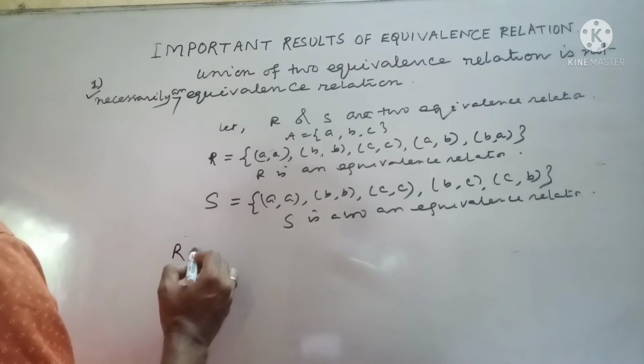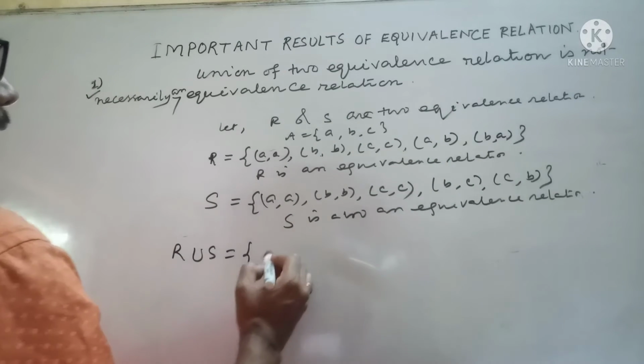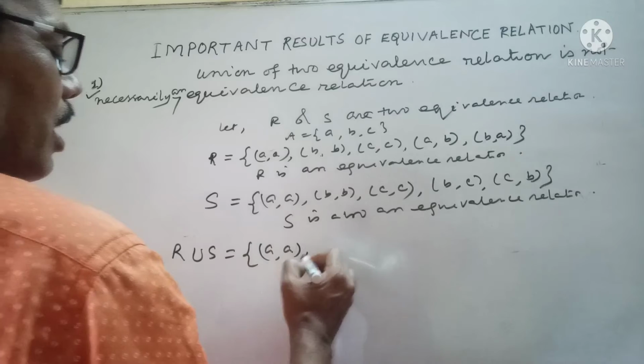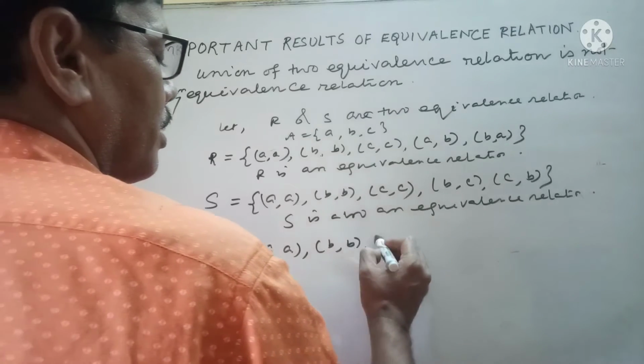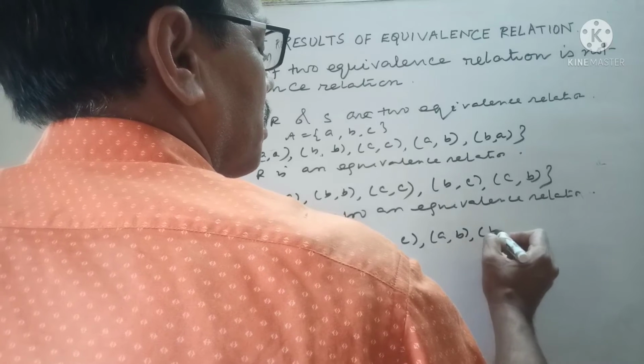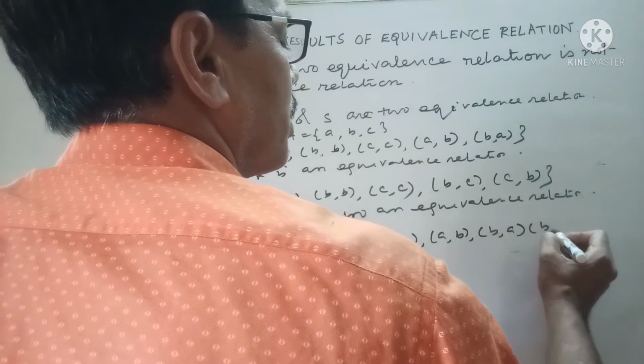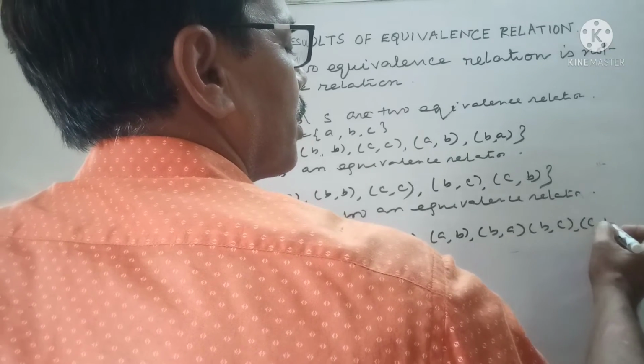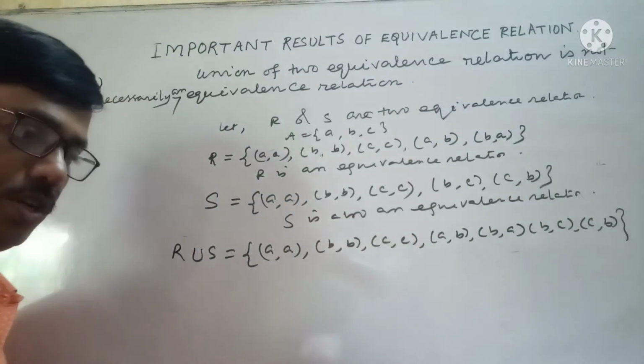Now what is R union S? It is (a,a), (b,b), (c,c), (a,b), (b,a), (b,c), (c,b).